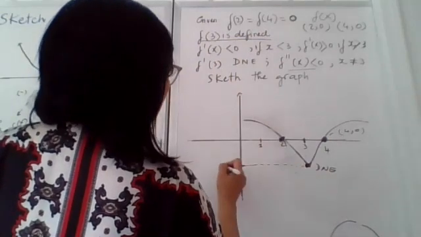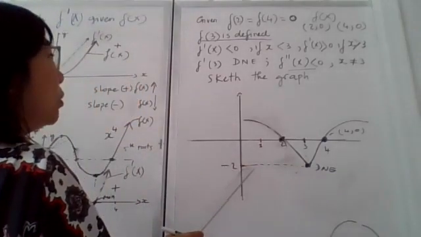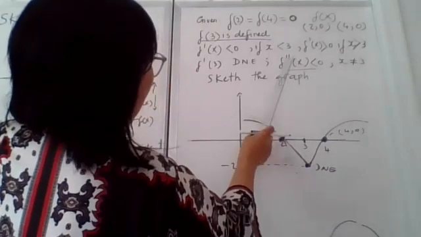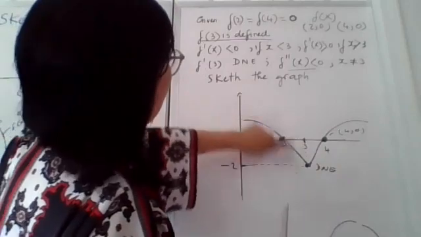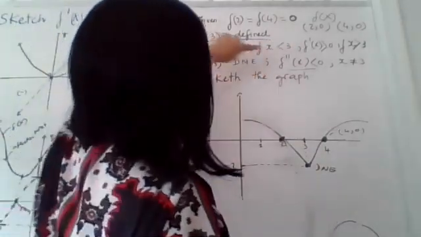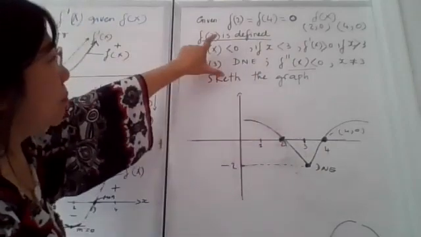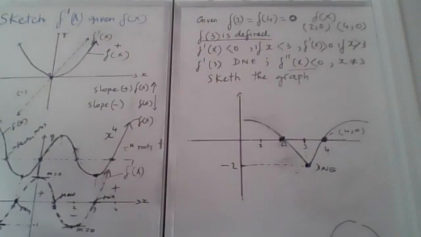So let's say the y value here is -2 something, then yes, f of 3 is defined. And we have the function decreasing, right? Decreasing because f prime of x is negative, the slope is negative. So this is how we sketch our curve based on the information.